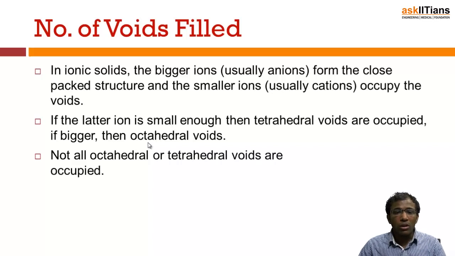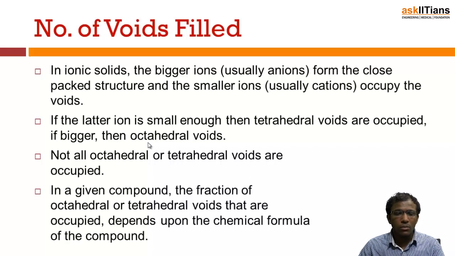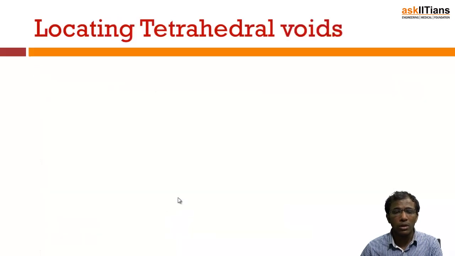Not all octahedral or all tetrahedral voids are occupied. In a given compound, the fraction of the octahedral or tetrahedral voids that are occupied depends upon the chemical formula of the compound. First, we understand more about tetrahedral voids.